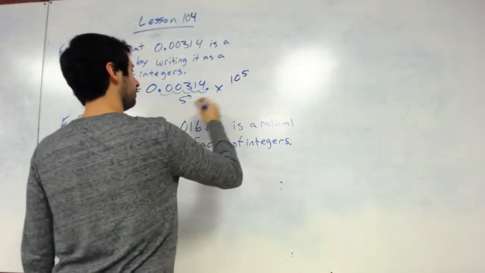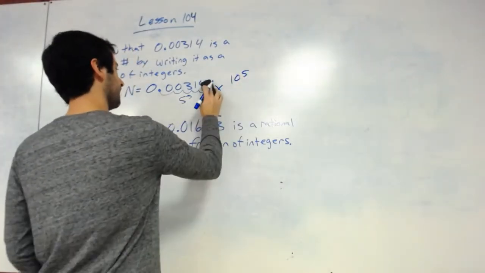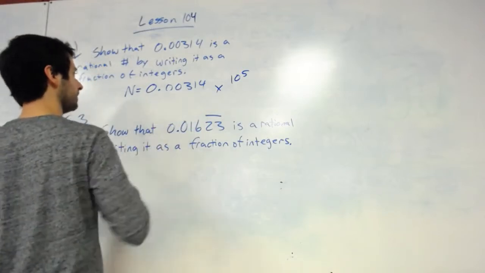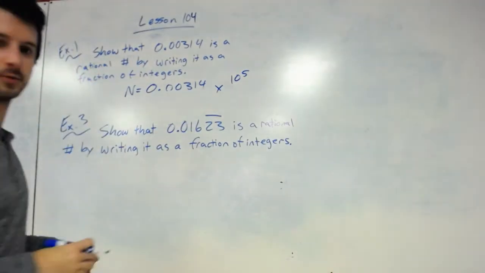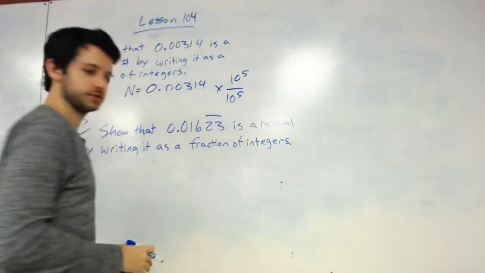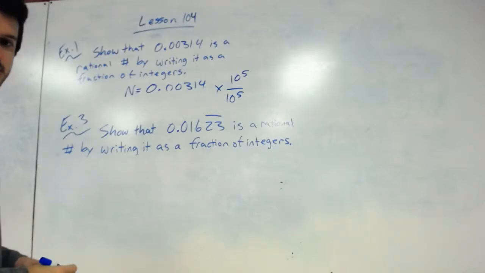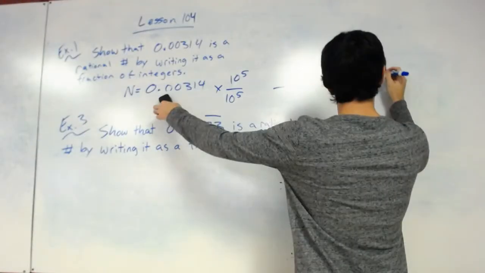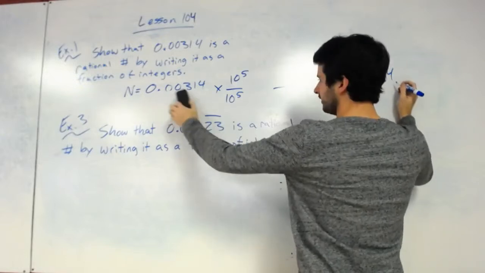But since we're wanting to keep it the same number, we need to multiply by 10 to the 5th power over 10 to the 5th power. So watch what happens. I'll move it all the way over here because of the glare. When we multiply by 10 to the 5th power, we get 314 on top.